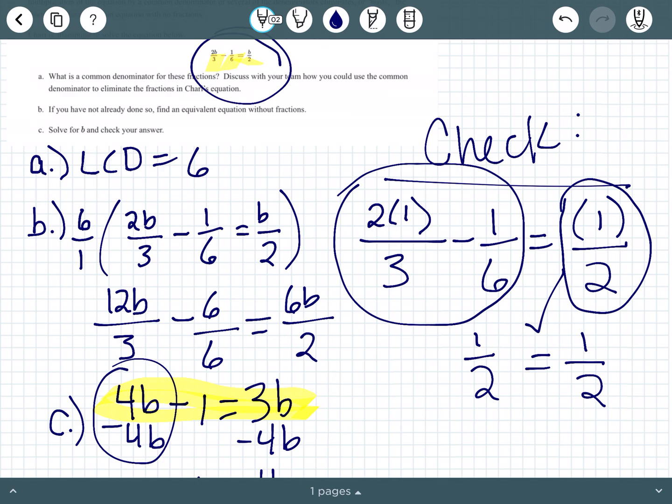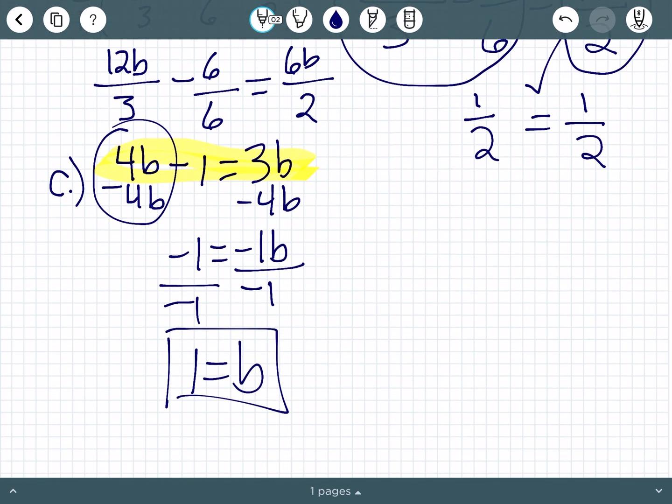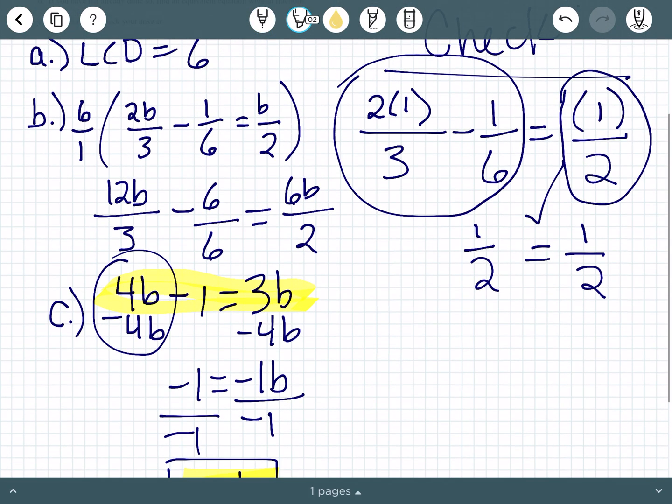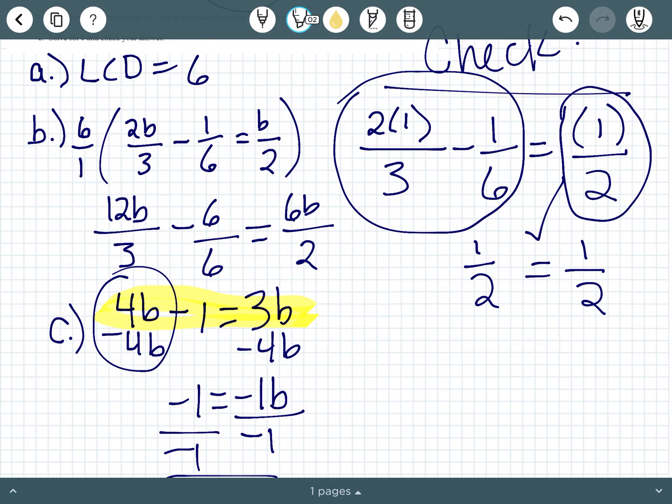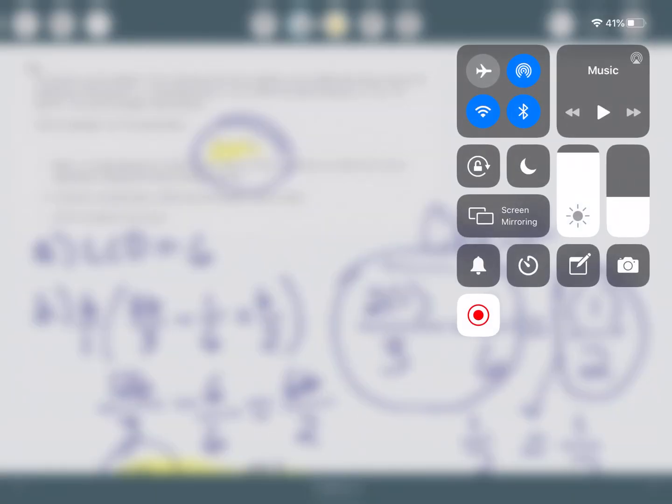Now be careful, because 1/2 is not our solution. 1 is our solution. 1/2 just verifies our check, or tells us that it is correct and we have found the right solution. Now, if we ended up with something like 2 equals 1/2, then that would tell us that our solution is not correct and we had done something wrong in our math. Okay, that is all for problem 765.